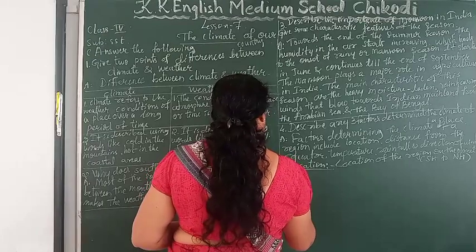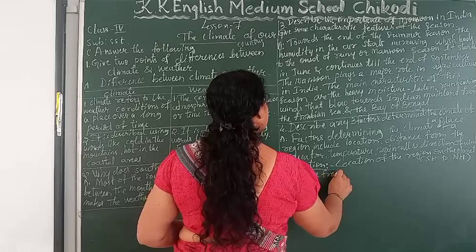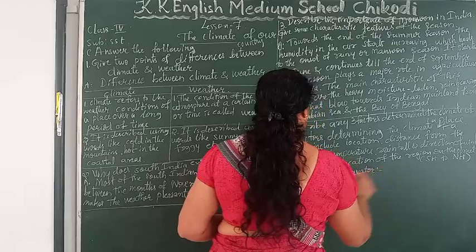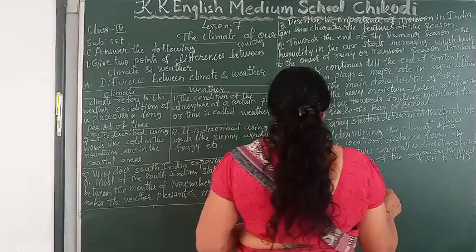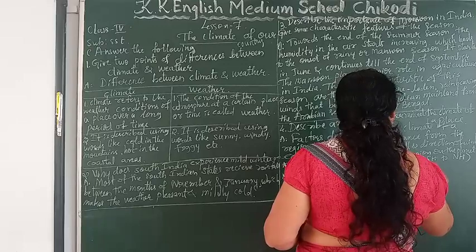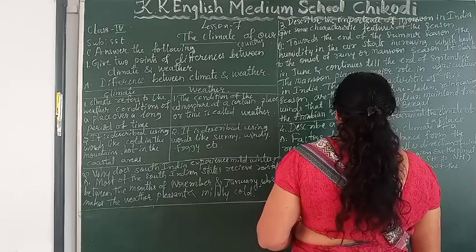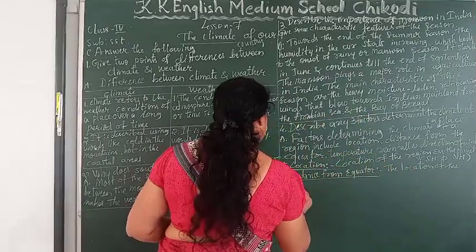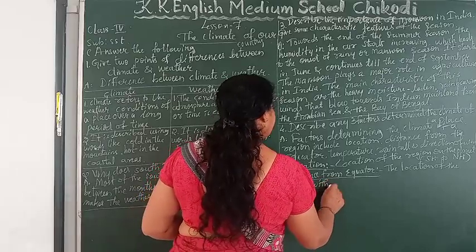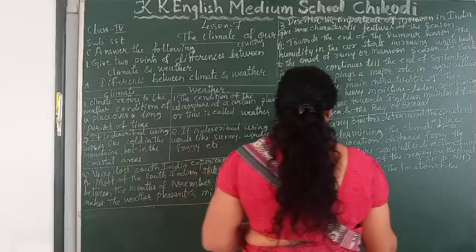Second, distance from equator. The location of the region with respect to the equator.